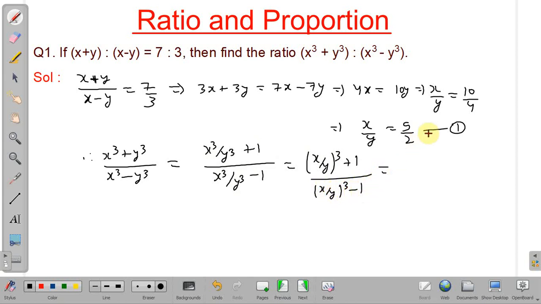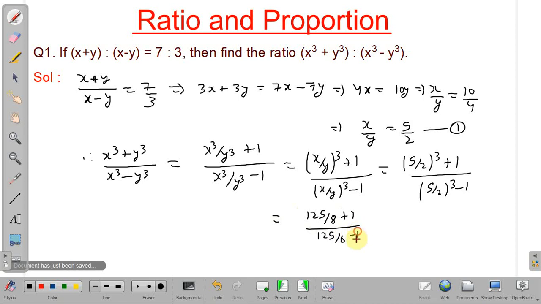From equation 1 we can write x by y as 5 by 2, so ((5 by 2) to the power 3 plus 1) divided by ((5 by 2) to the power 3 minus 1), and it will be (125 by 8 plus 1) divided by (125 by 8 minus 1).